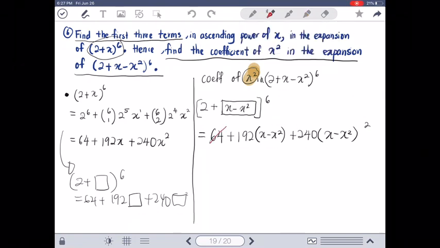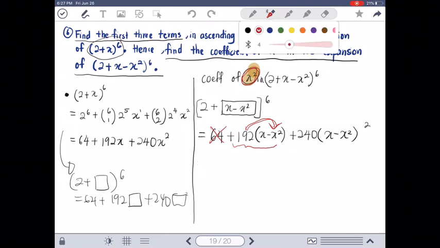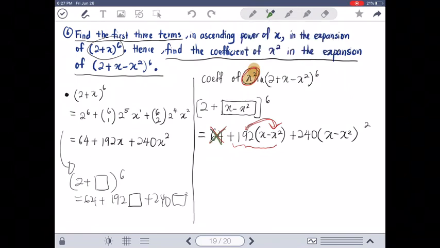Basically, we can cancel out 64 because 64 doesn't have x squared. How about the second term? We only need to consider 192 multiplied by negative x squared, because again we only want the coefficient of x squared. The first term there we don't want, since it doesn't produce x squared.